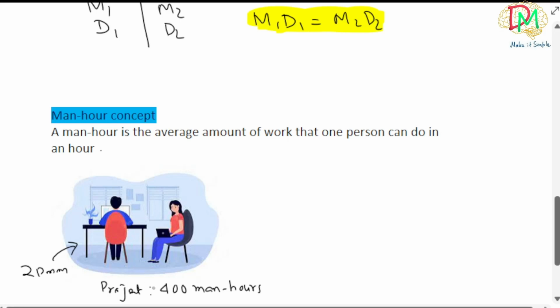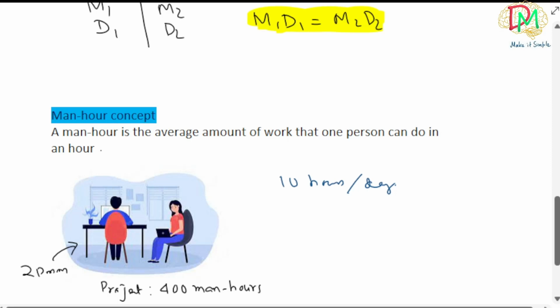In this project, a 400 man hours job is assigned to two persons. Suppose they work 10 hours per day. The question is, in how many days can they complete this work? With the existing manpower, how many days are required to complete the project? We get it from the man hour concept.